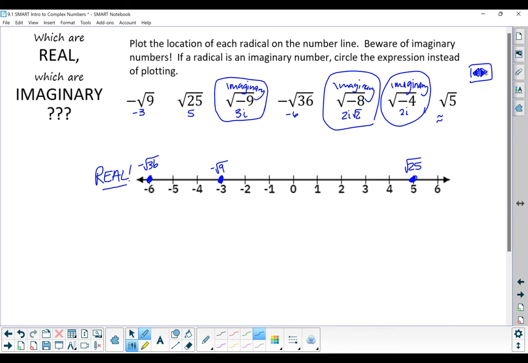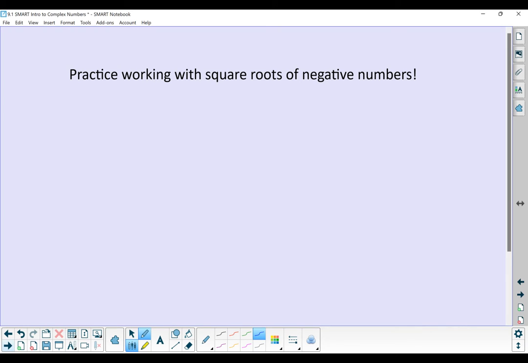So if you type in root 5 and hit that converting button, which is just above your enter or your equal button, then it'll convert that to decimal, and that is approximately 2.2. So this is where root 5 goes. Now, we don't necessarily want that decimal. Like, you want to keep things in radical form as much as you can, but just for knowing where to plot it, we need to get the decimal.